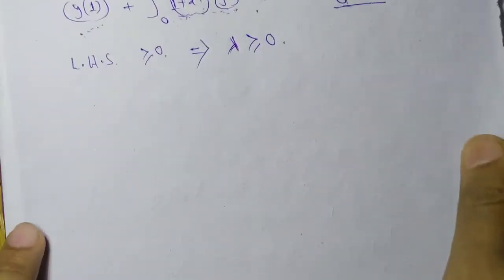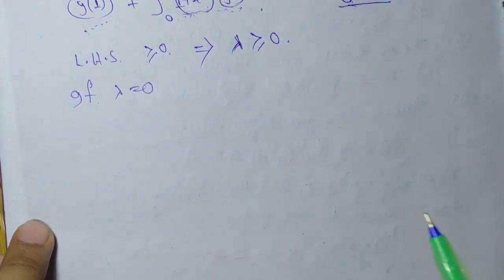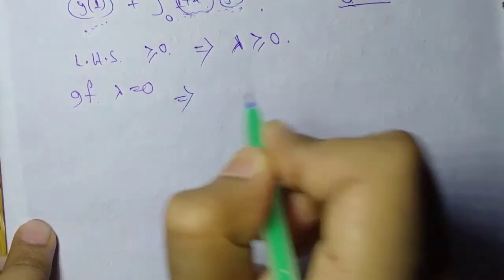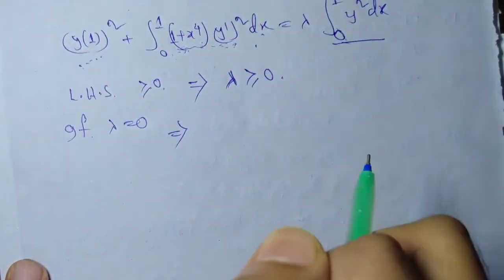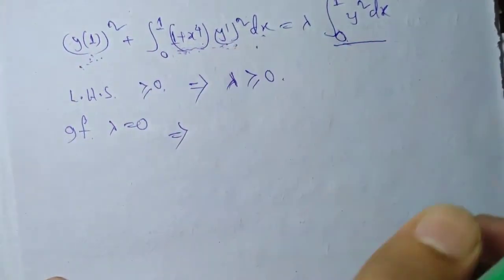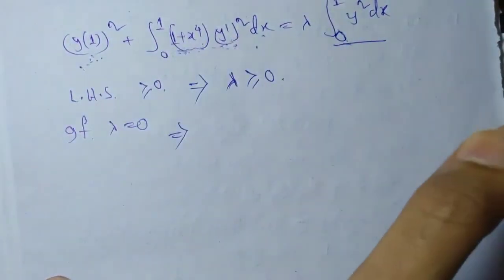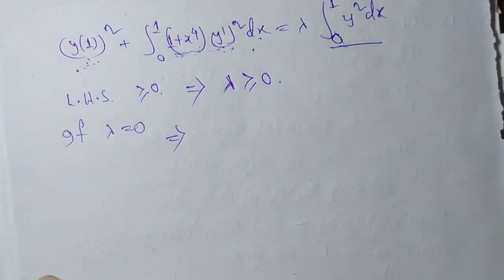Now see that if λ equals 0, then the LHS equals 0. Since the LHS contains the sum of two non-negative terms, if their sum is 0, then they are separately 0.